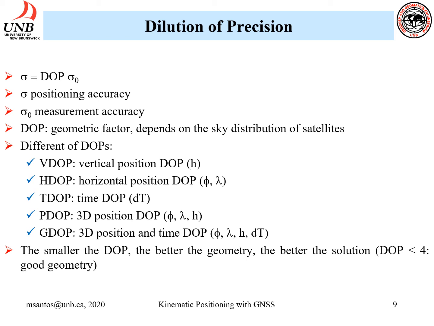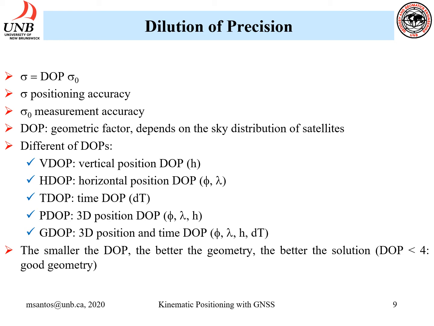There are different DOPs. There is the vertical DOP, which is the DOP for the height. There is the horizontal DOP, which is the two-dimensional DOP just for horizontal position. The DOP related to time, which relates to the parameter dt, the receiver clock error.